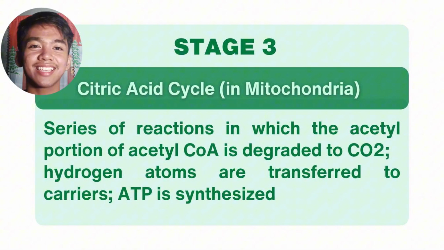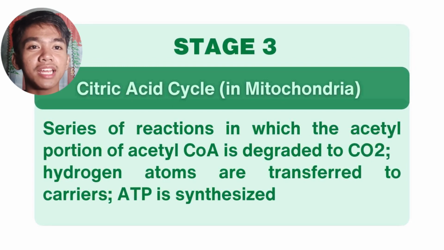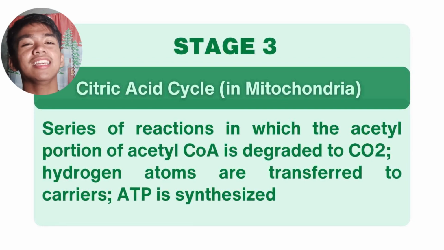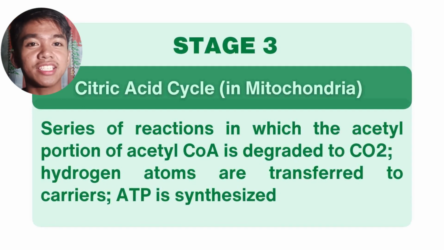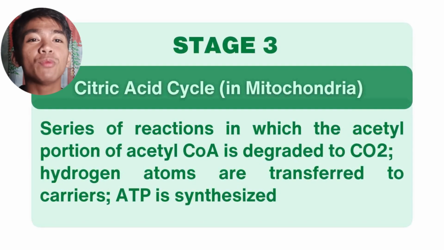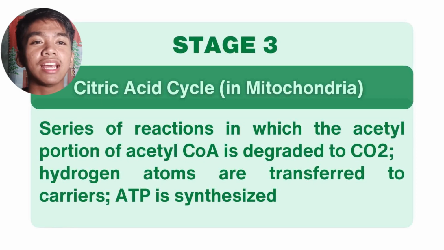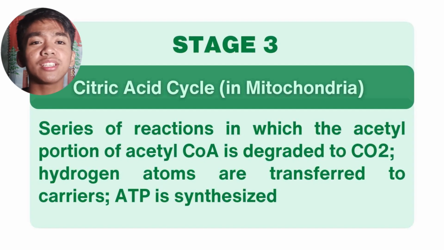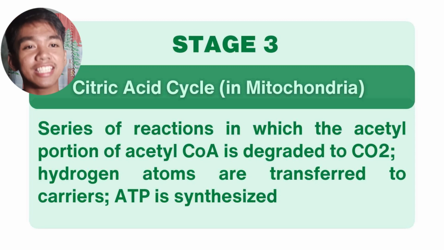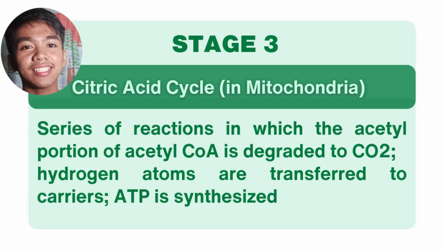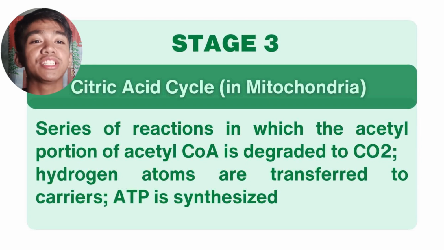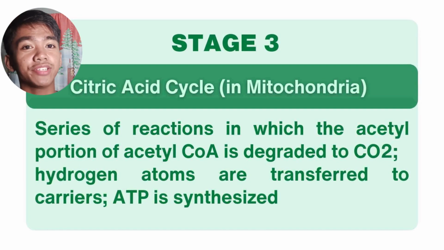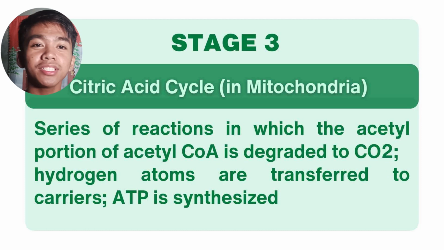The citric acid cycle, also known as the Krebs cycle, is an essential component of cellular respiration in living organisms, taking place within the mitochondria. This cycle involves a series of chemical reactions that systematically break down acetyl coenzyme A, or acetyl-CoA, derived from the breakdown of carbohydrates, fats, and proteins.